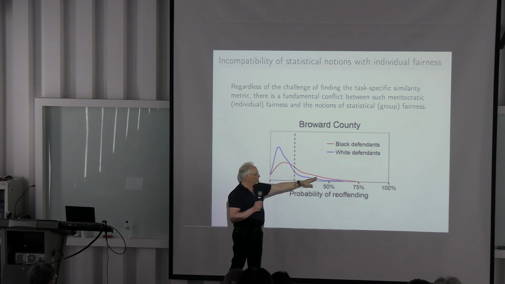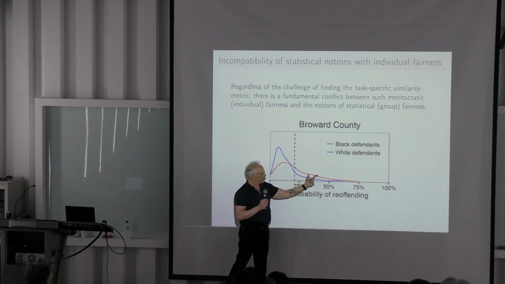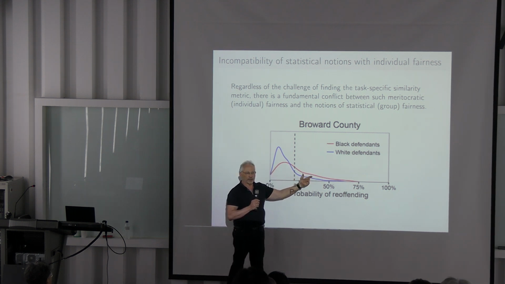So it's different between the black population and the white population. You see that in the white population, most of them had a low rate of reoffending, and among the black population, a higher part of the graph is here.